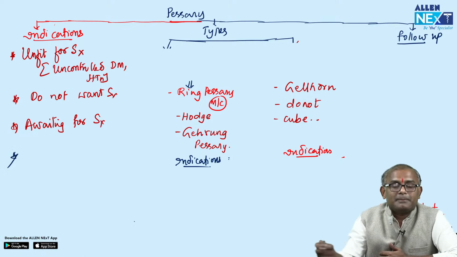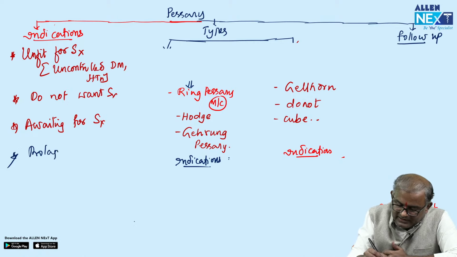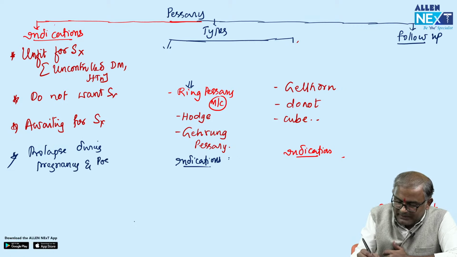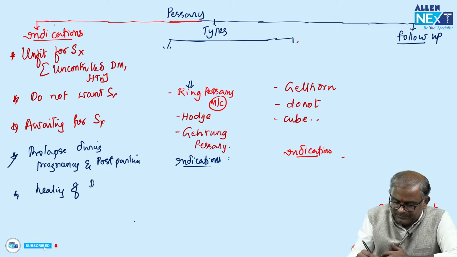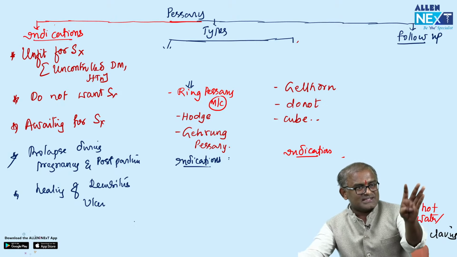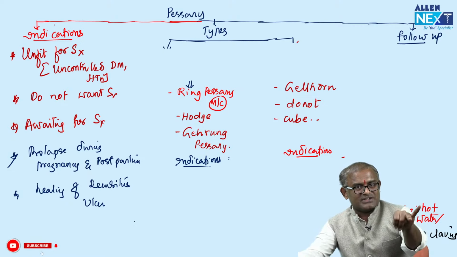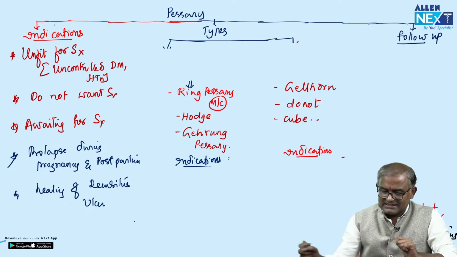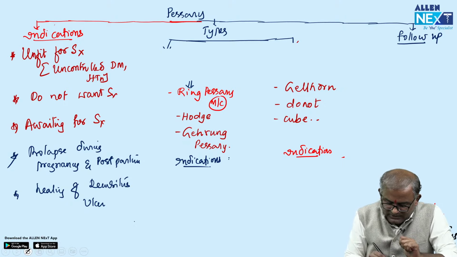Then prolapse during pregnancy and postpartum, or during healing of decubitus ulcer. Dear doctor, these are the 5 golden indications. Understood, doctor? Unfit for surgery, avoiding surgery, do not want surgery, prolapse during pregnancy and postpartum, and healing of decubitus ulcer. Definitely we will go for what?